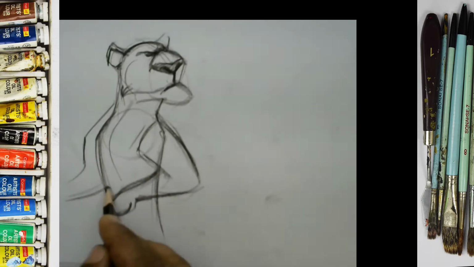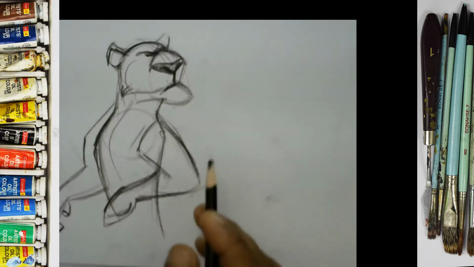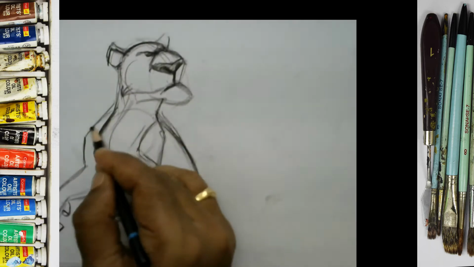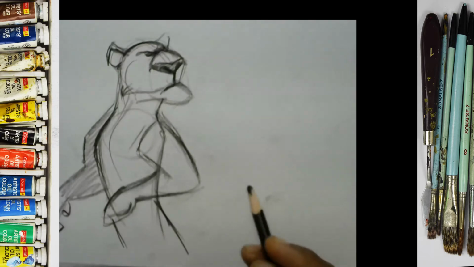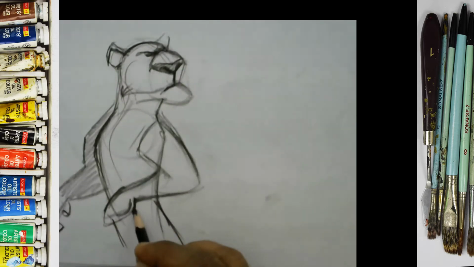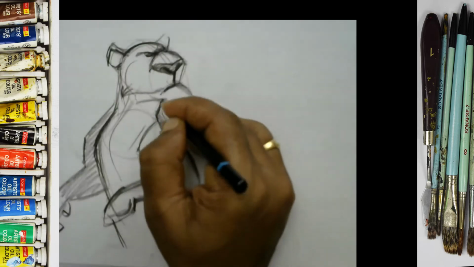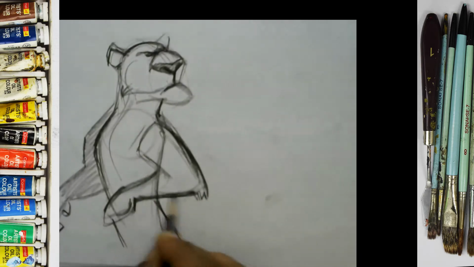The expressions like human. There is the lion, but with expression like this.